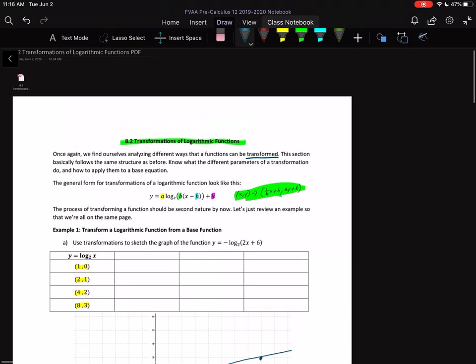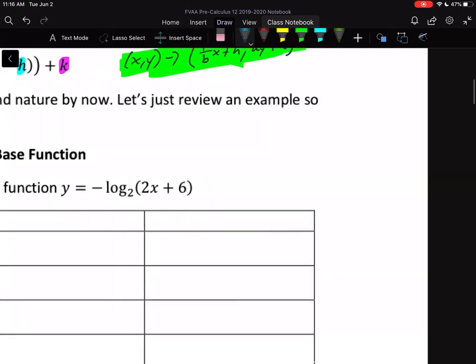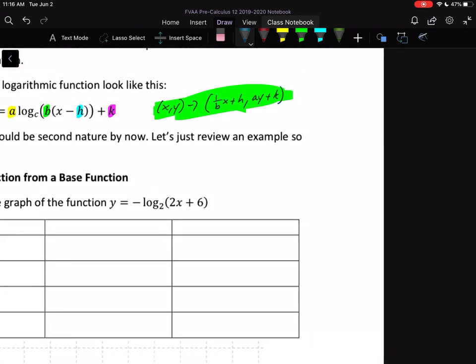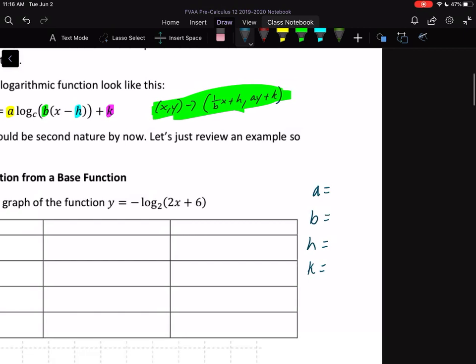And then this function gets transformed. So I want to determine what the transformations are, so a, b, h, and k, because that will help me determine the mapping notation that I'm going to need to use to graph this transformed function. So the a value here is that negative there, negative 1.